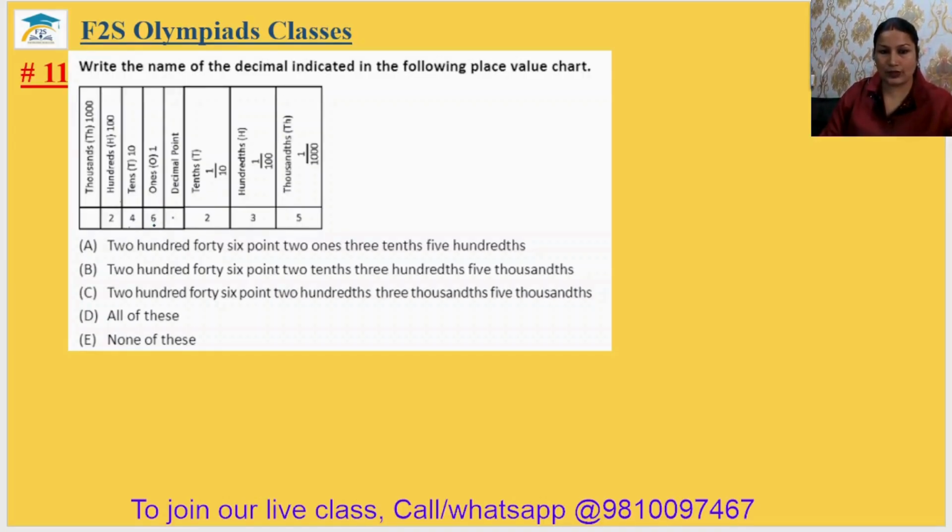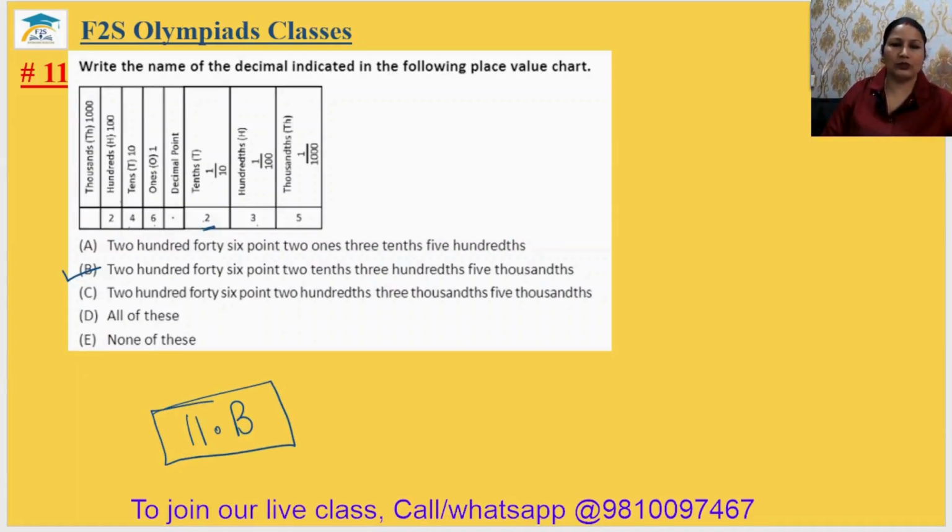So 246.235, no, 246.2 tenth, 3 hundredth and 5 thousandth. It is correct. 246.2, 2 is at the tenth position, so 2 tenth it will be. Option B is the correct answer. The 11th answer will be option B.